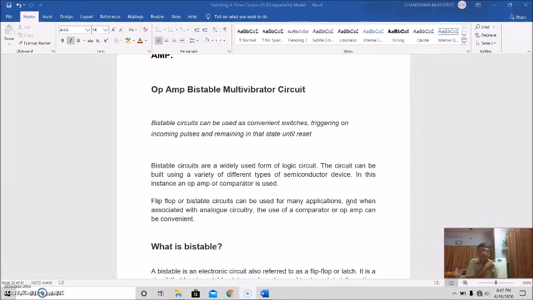Bistable circuits are a widely used form of logic circuit, and can be built using a variety of different types of semiconductor devices. But since we are discussing bistable, astable and monostable multivibrator construction using op-amp, in this topic we will discuss how an op-amp is used to construct or design a bistable multivibrator circuit.